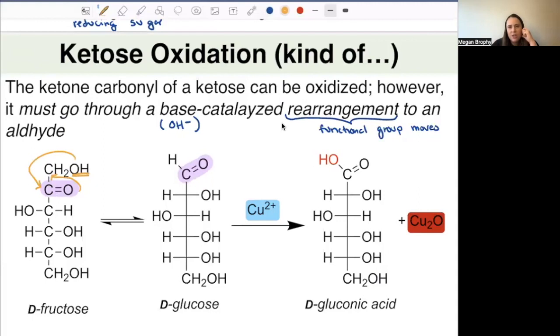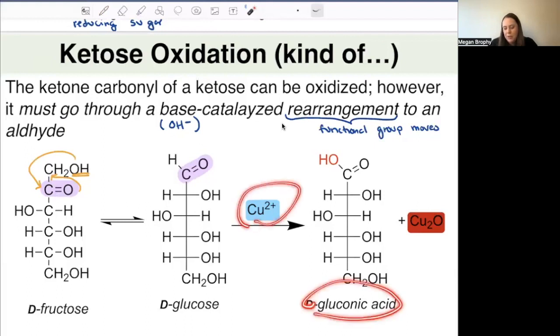So this is just an interesting example of the complexity that carbohydrates bring, where they can be very difficult to predict. They don't like to stay as one thing. So once we made D-glucose, if we add Benedict's reagent with our copper 2+, we can oxidize our glucose to gluconic acid and reduce our copper 2+ to copper oxide.